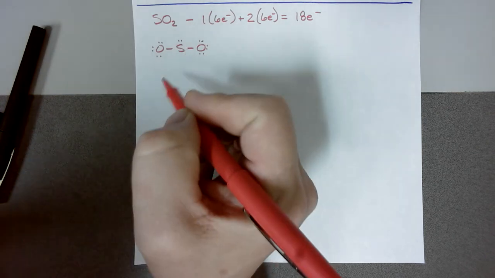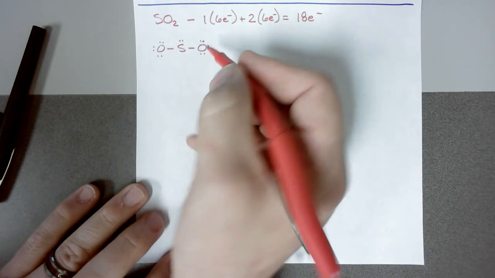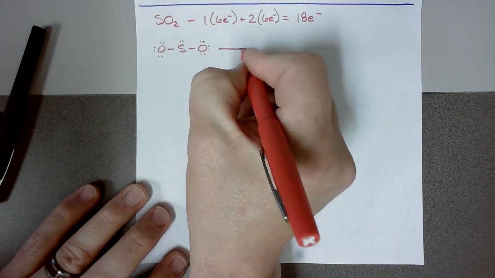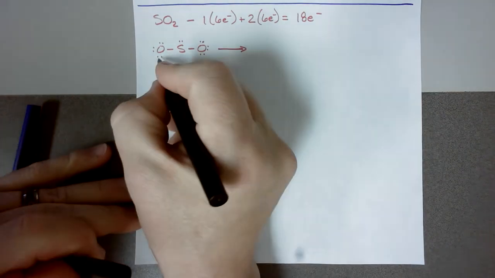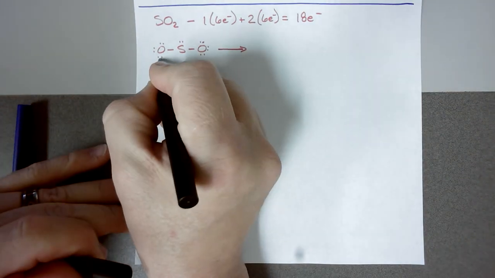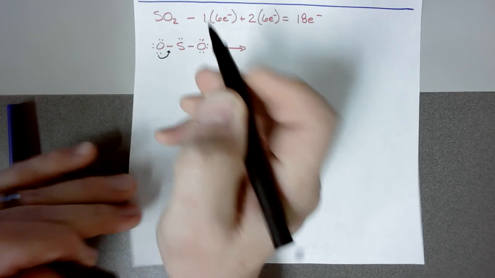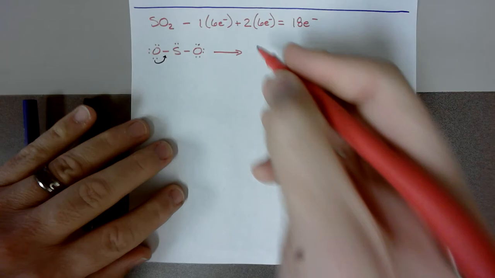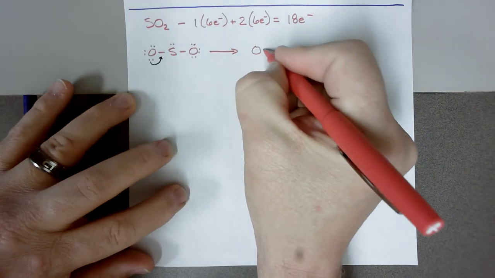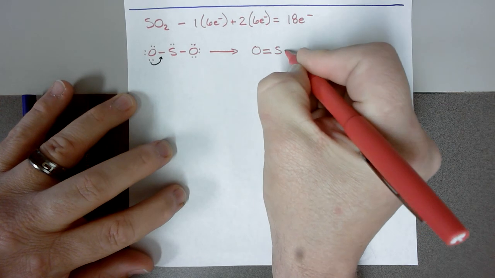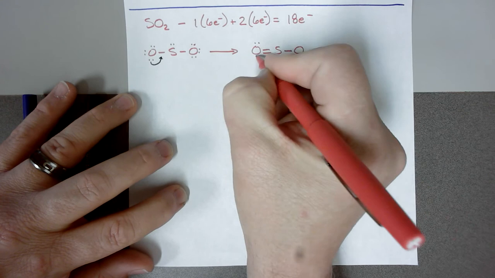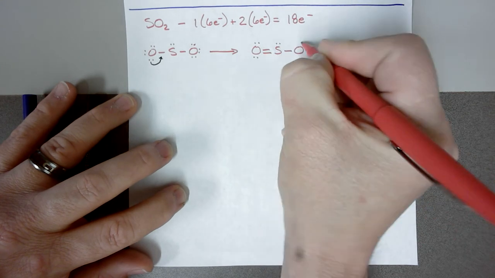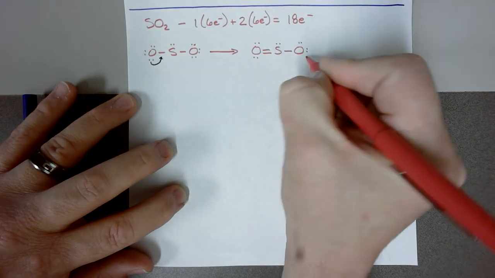And since each oxygen is the same, remember what we're going to do is take from the rich and share with the poor. So I'm going to take, it doesn't matter which one, and share. So here we'll have oxygen, double bonded sulfur, single bonded oxygen, and then 1, 2, 3, 4, 5, 6, and 2, 4, 6.